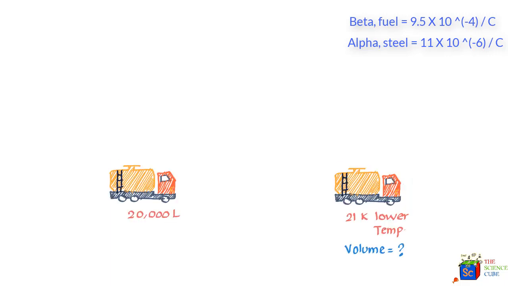So the new volume at location B is calculated as follows. So we use the formula that delta V, or the change in volume, is equal to beta times the initial volume into the change in temperature. So let's go ahead and substitute the values. Delta V is what we have to find. Beta is given as 9.5 into 10 to the power minus 4 per degree centigrade. V naught is 20,000 liters and the change in temperature is minus 21 Kelvin.